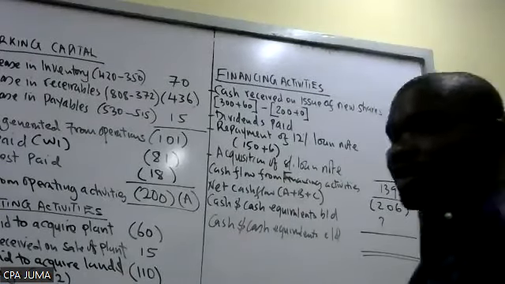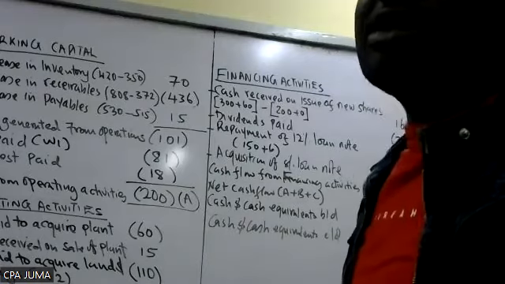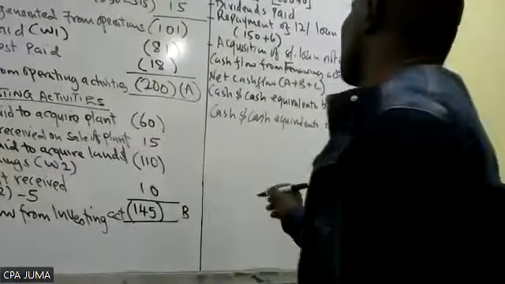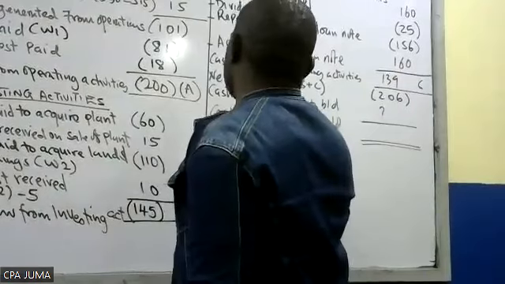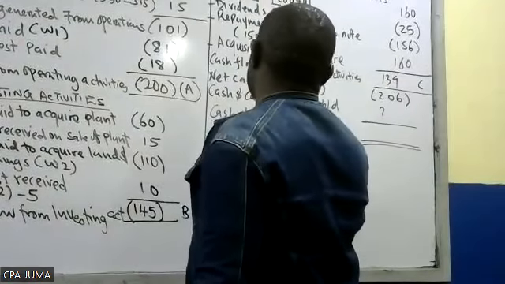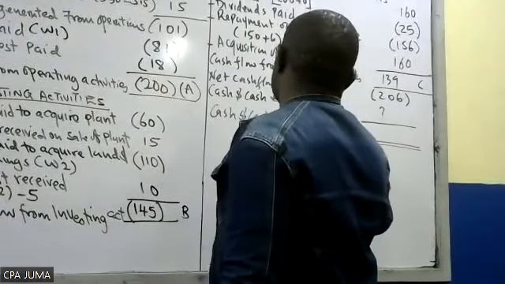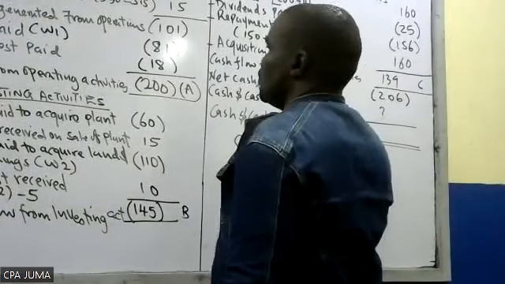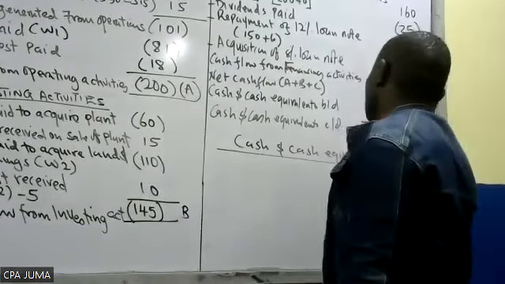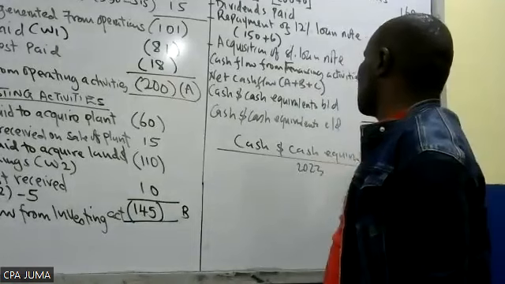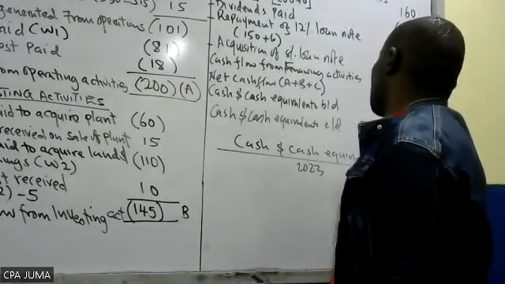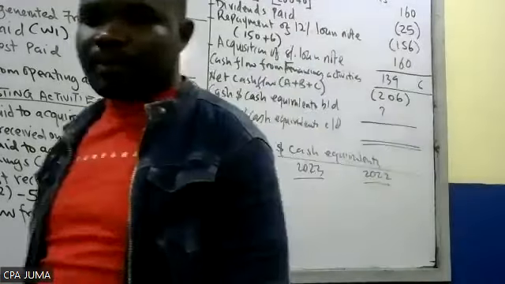So have the last working for cash and cash equivalents. So 2023, 2022, have them there.